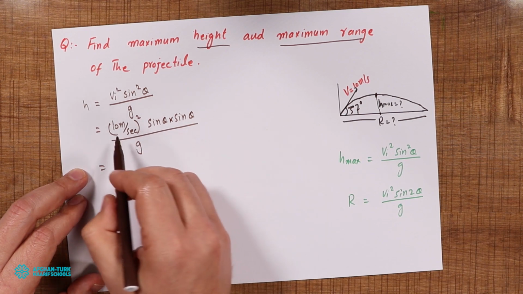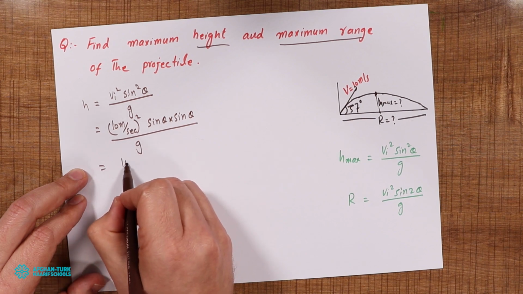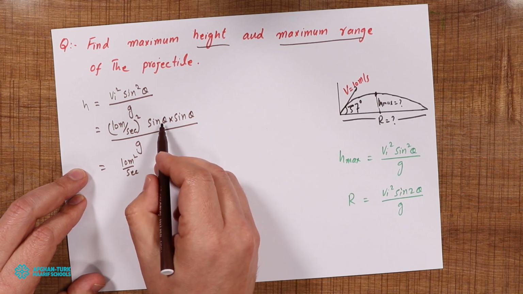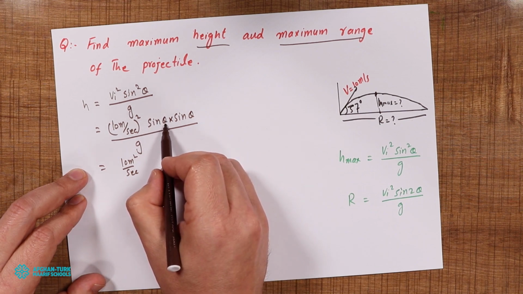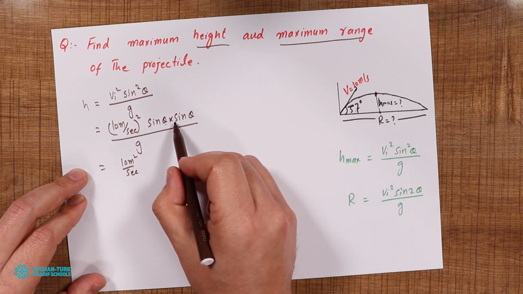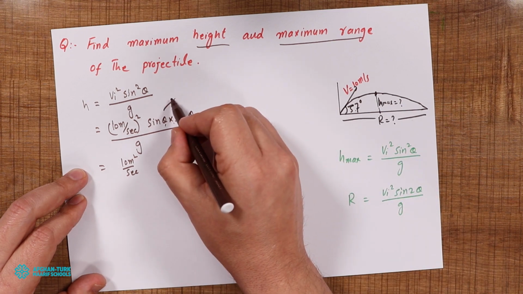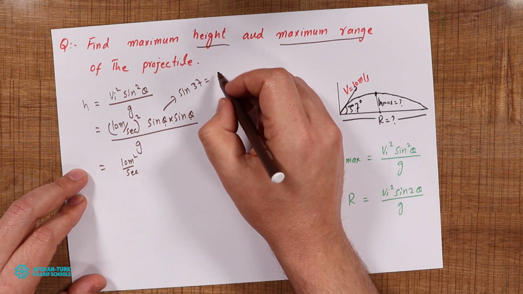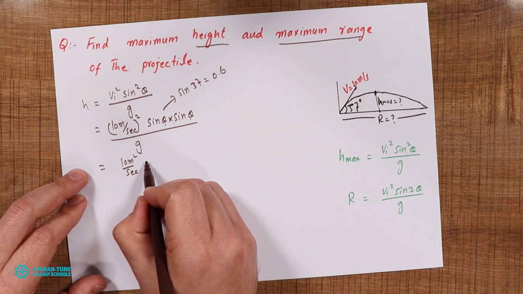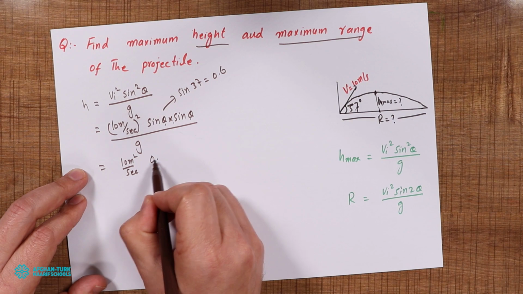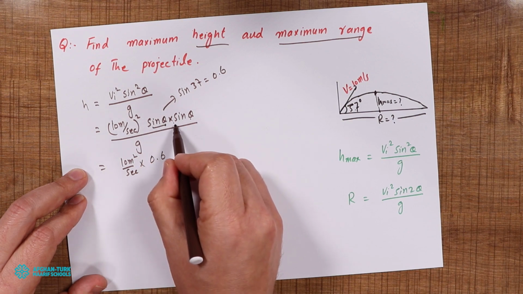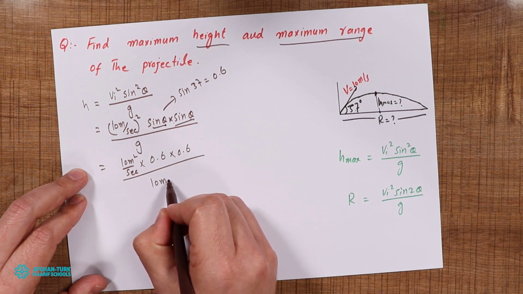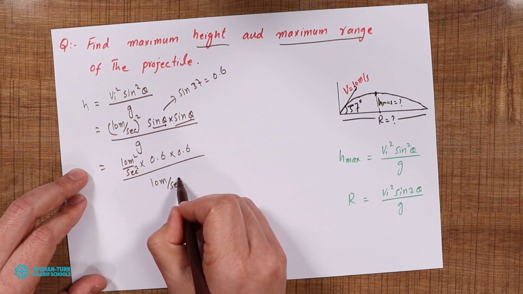Now putting the value here, this will become 100 meter square per second square, and the angle is 37, and sine 37 is equal to 0.6. So we multiply 0.6 and 0.6, divided by 10 meter per second square.